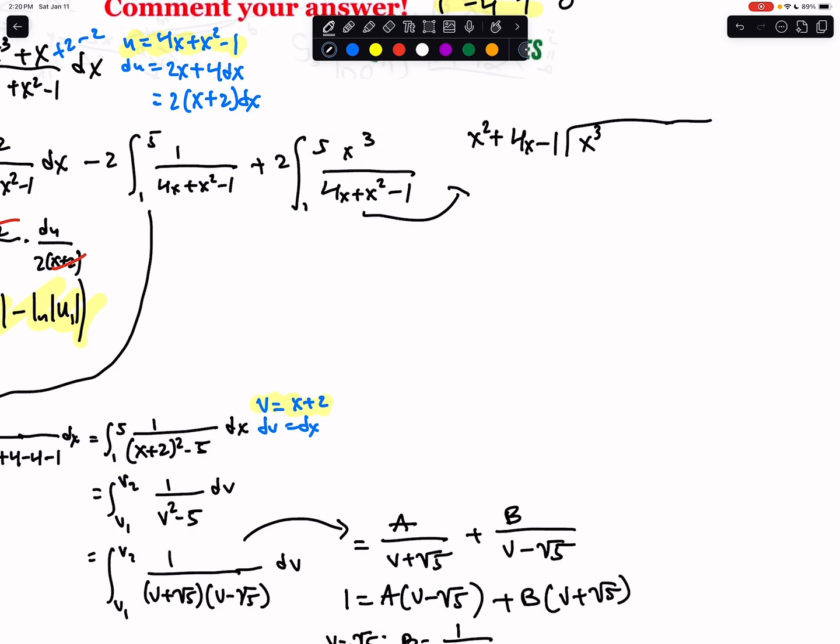So x cubed divided by x squared is x. If we multiply, we'll get x cubed plus 4x squared minus x. We subtract, and we get negative 4x squared plus x.